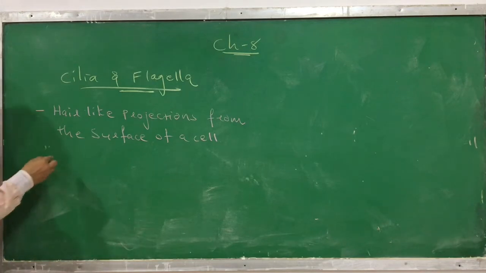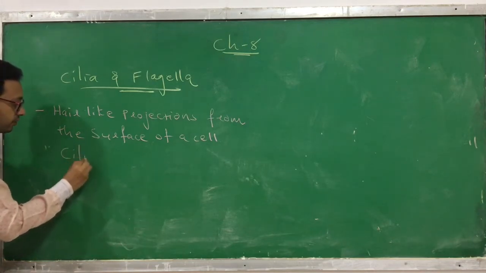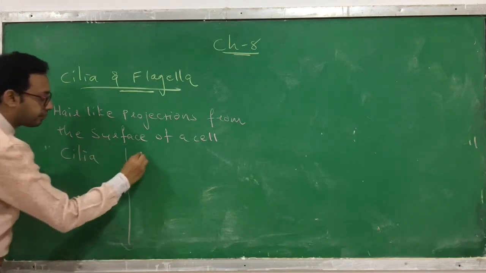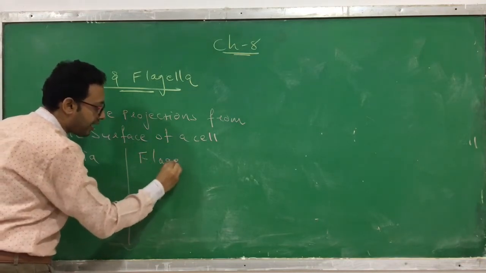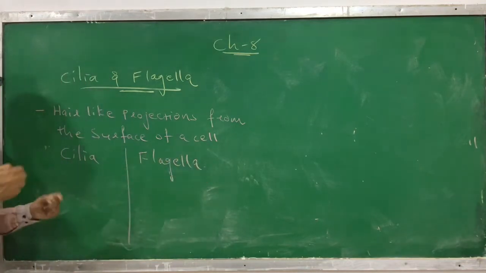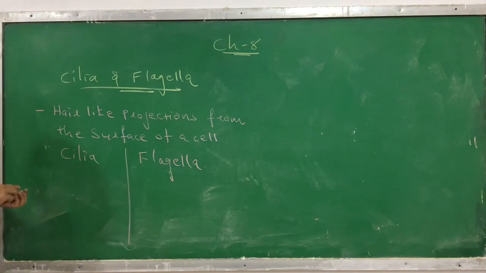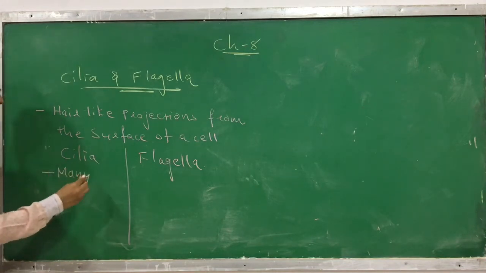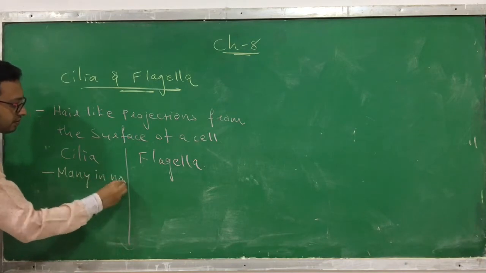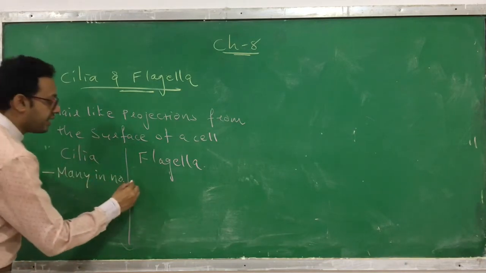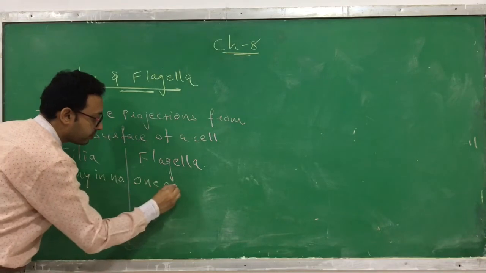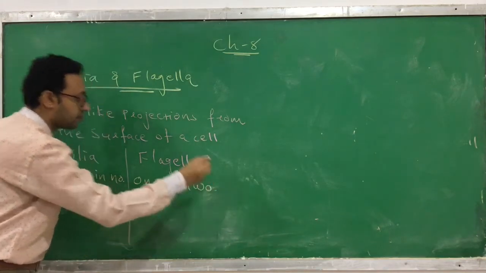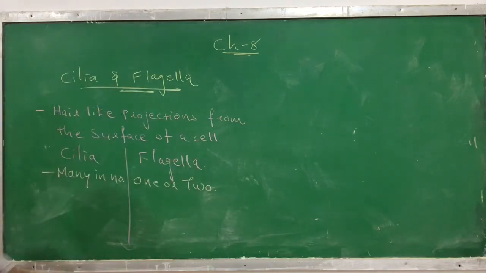Now, what's the difference between cilia and flagella? Both are hair-like projections that occur from the surface of a cell. But cilia are many in number, whereas flagella are one or two.